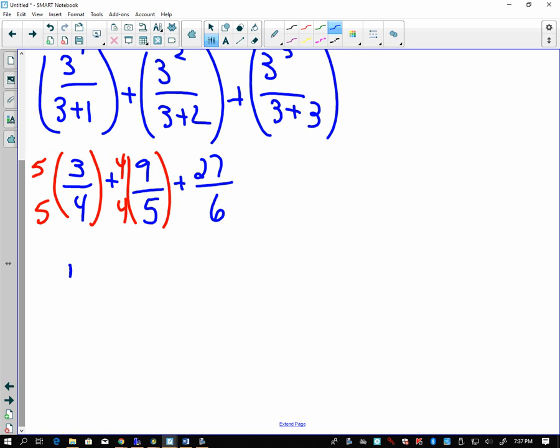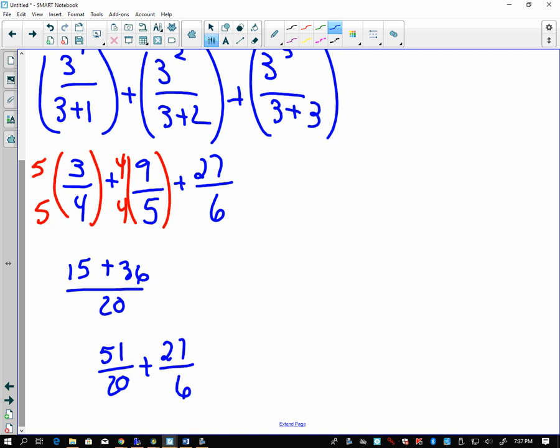Okay, so that's what, 15 plus 9 times 4 is 36 over 20. 15 and 36, 51 over 20. Okay, so 51 twentieths plus 27 sixths.